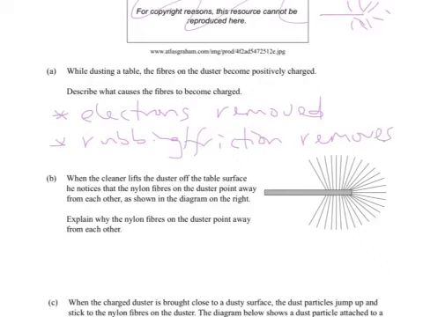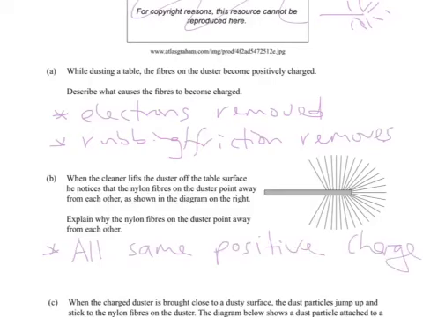Moving on, B. When the cleaner lifts the dust off the table surfaces, the nylon fibres point away from each other. As shown in the diagram on the right, explain why the nylon fibres point away from each other. It's because there's a couple of points you need to make, that they are all the same charge, or same positive charge.